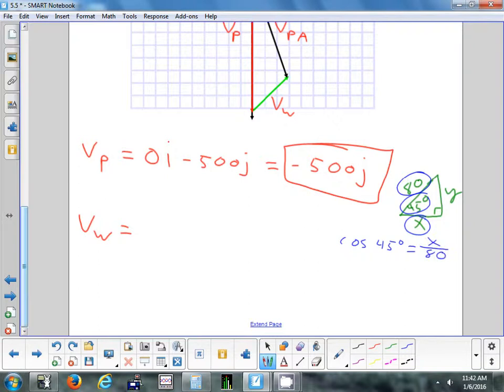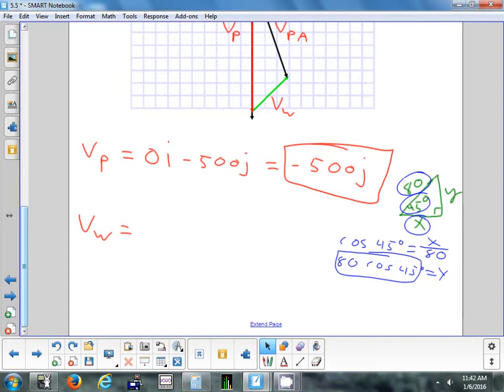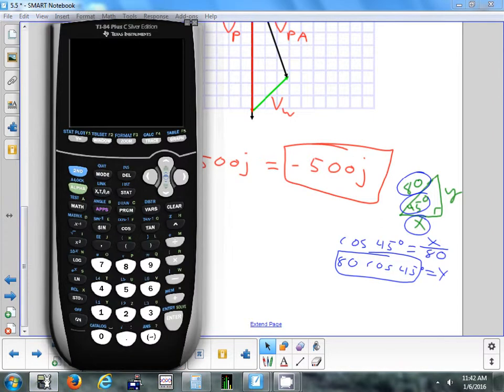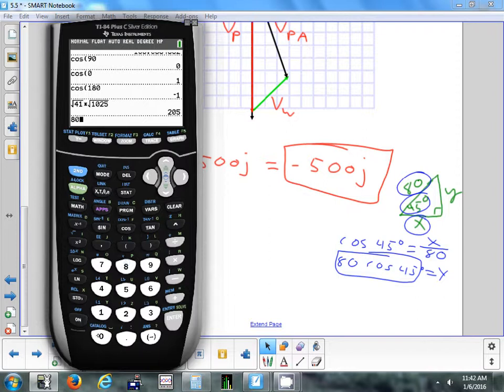Okay? And how would I get x by itself? Multiply by 80. That's the i component of the wind, which I'm going to write down: 80 cosine 45.